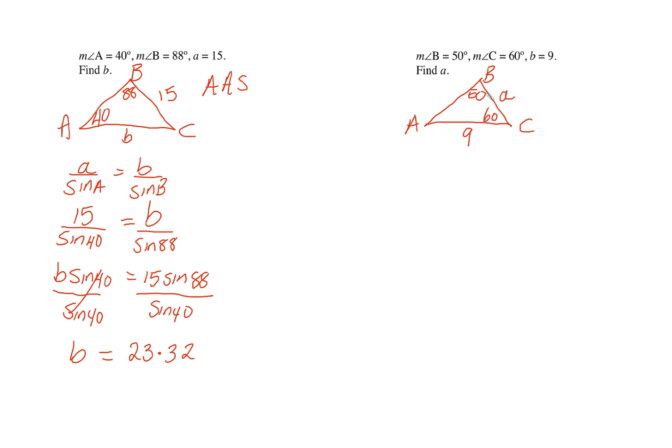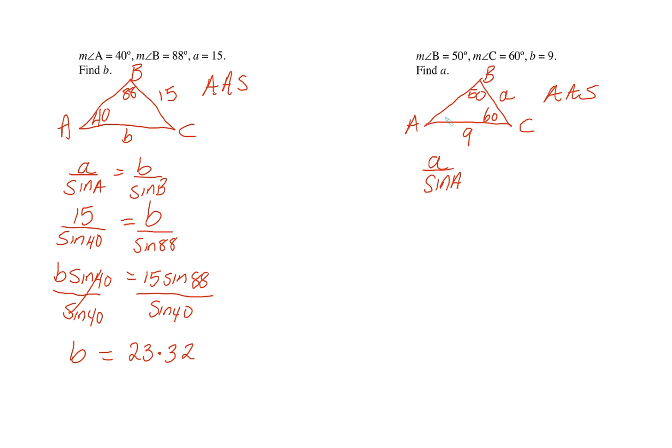Now notice I have angle, angle, side. Whenever you have angle, angle, side, you're going to have to use the law of sines. Since I have to find side a, it means I'm using a over sine A, but I notice I don't have an angle here. How will I find this?